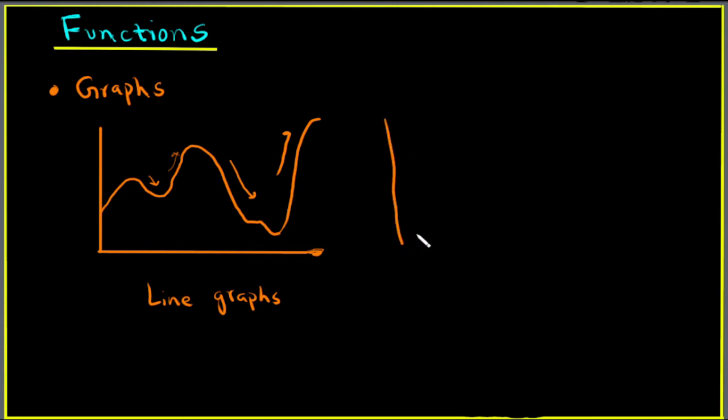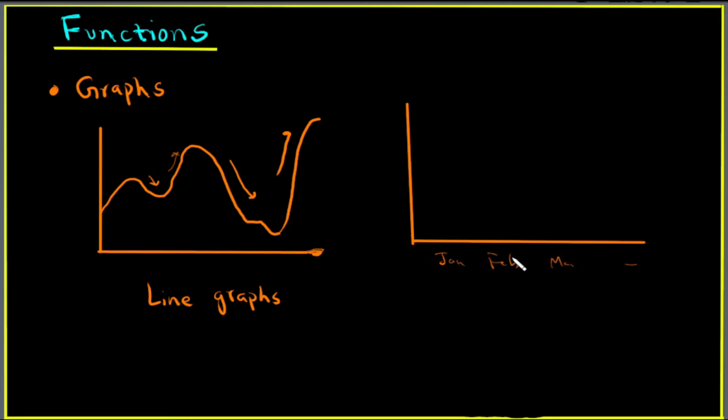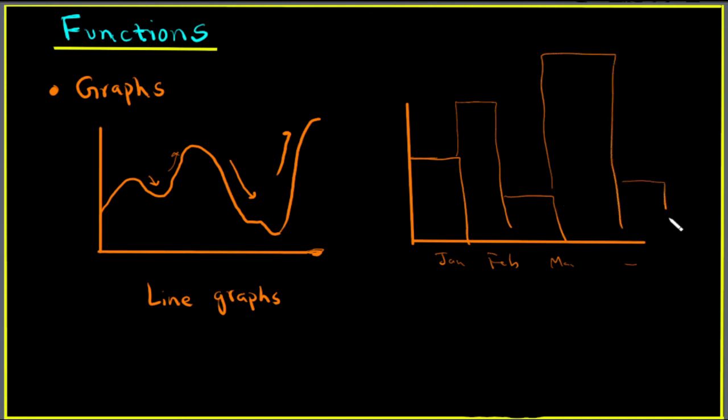So what you can do instead is draw another graph, right? And for example, you can label months here, January, February, March, and so on. And then you can just make bars. So for January, make a wider bar. And then, for example, February, then March, then April, and so on.